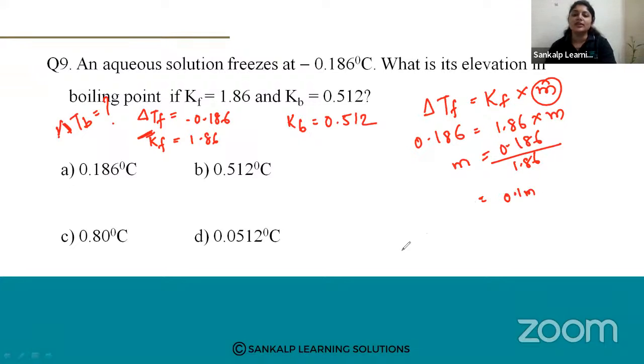Now from this we can use the formula for delta TB. Delta TB is equal to Kb into m. Now we know m is 0.1. Kb is given as 0.512. So what is the answer? The answer comes to 0.0512 degrees Celsius.